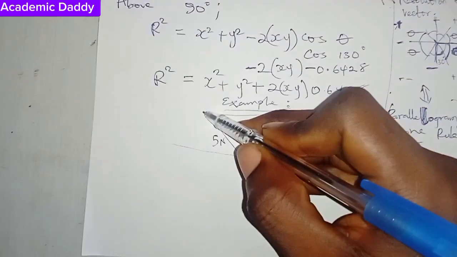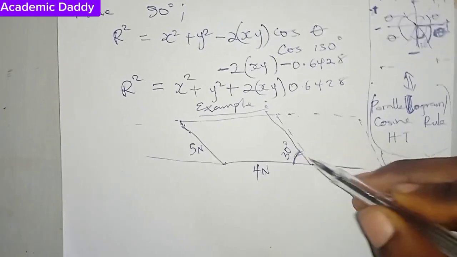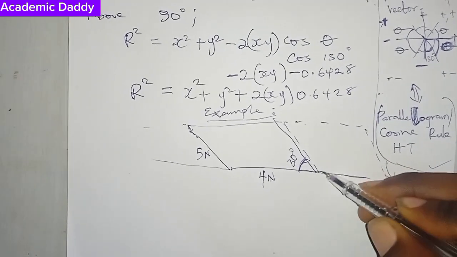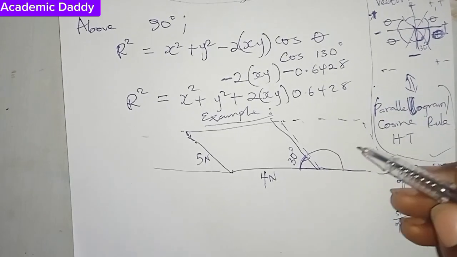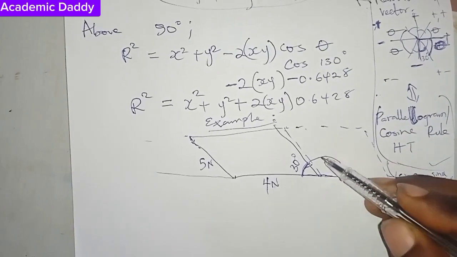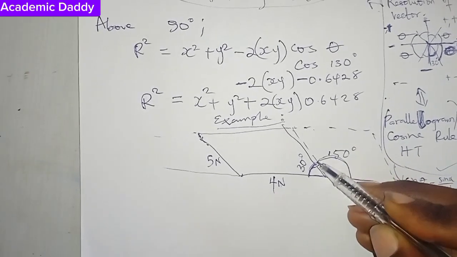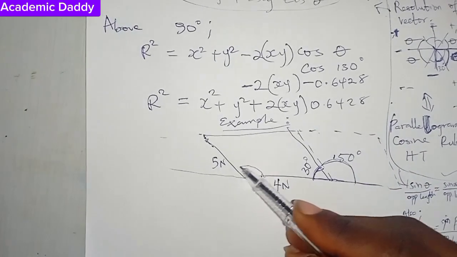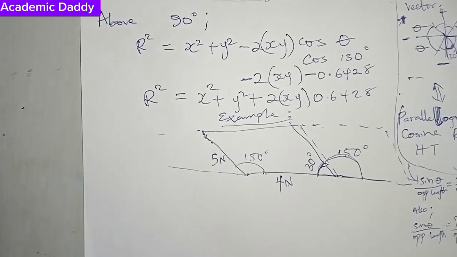If this is 30 degrees, let's say I project this fully. Angles on a straight line equal 180. So 180 minus 30 gives me 150 degrees. And notice that this angle here looks like this angle here, so they are corresponding angles, 150 degrees.